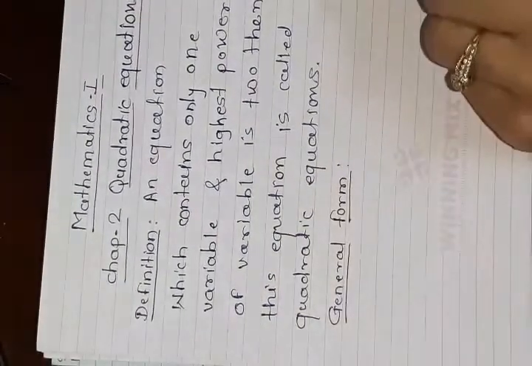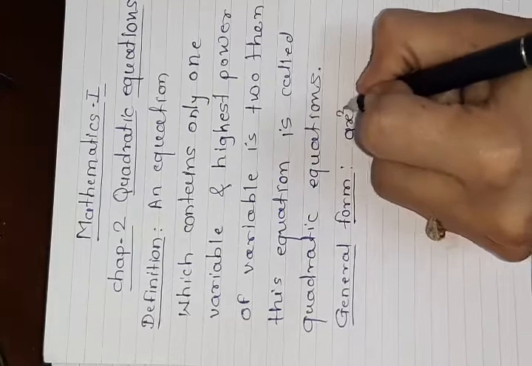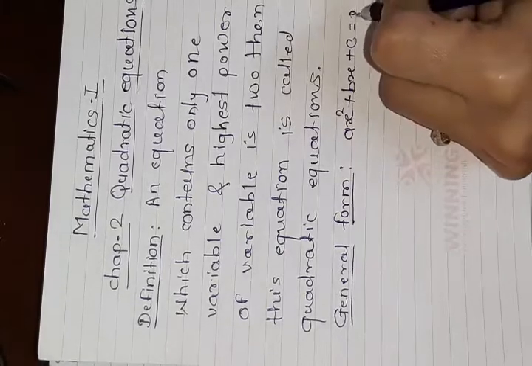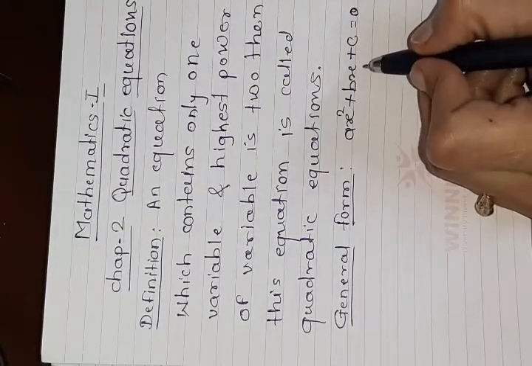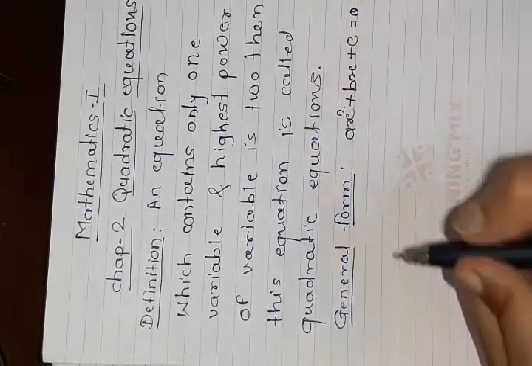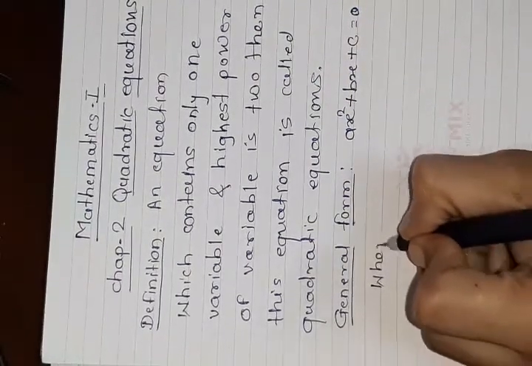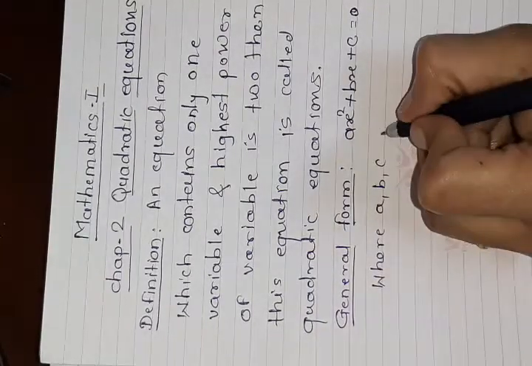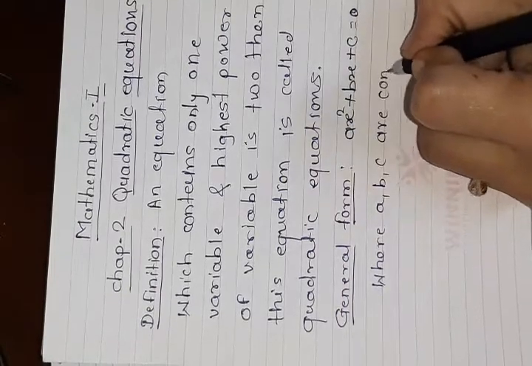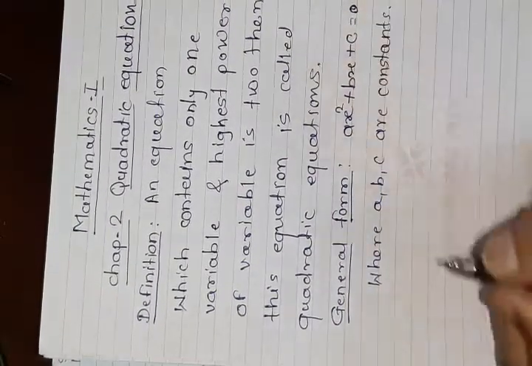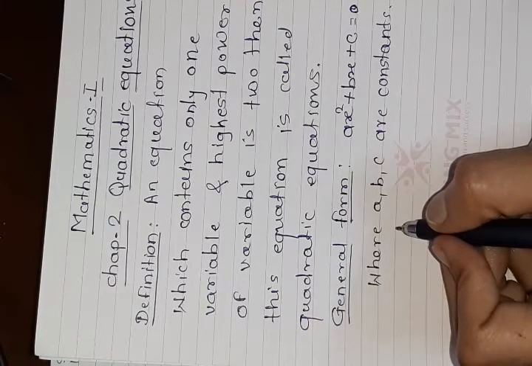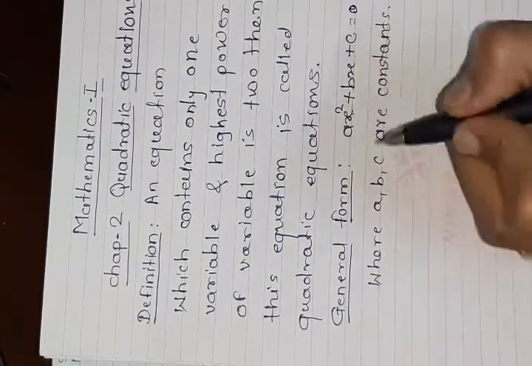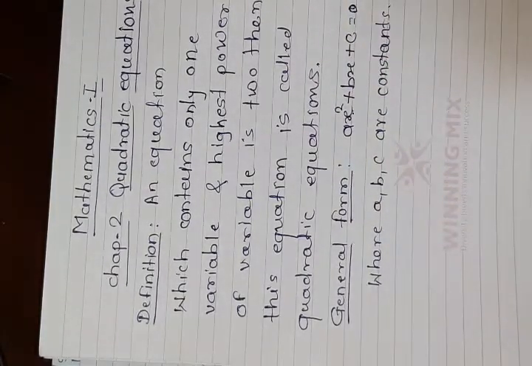General form of quadratic equation is ax square plus bx plus c equal to 0, where a, b, c are constants and x is variable, students. Okay, and highest degree of x is 2, therefore this is quadratic equations.